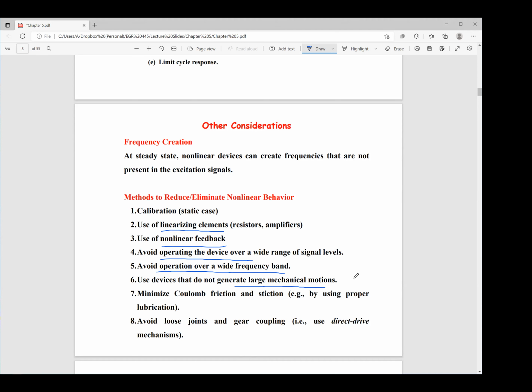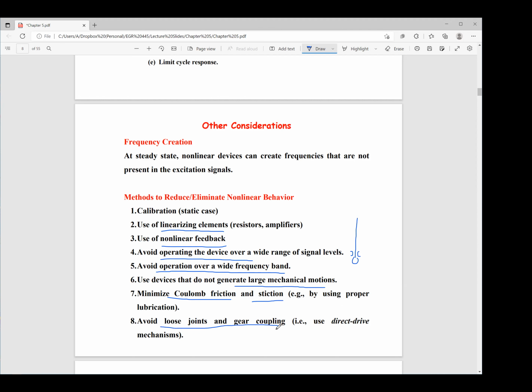A classic example is the grandfather clock. A grandfather clock has a pendulum, but if you have seen a grandfather clock, there will be mechanical stops that actually limit the pendulum angular displacement within a certain range. You can also minimize Coulomb friction, which is like static friction, or stiction, which is stickiness and friction, using some type of lubricant or lubrication that would minimize the nonlinear effects.